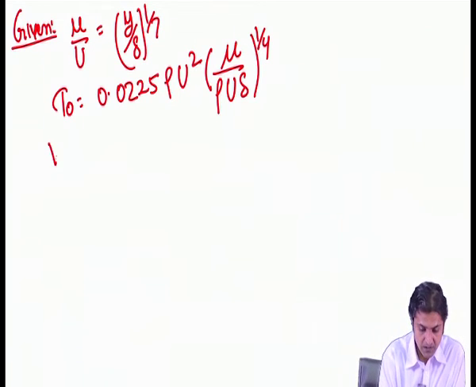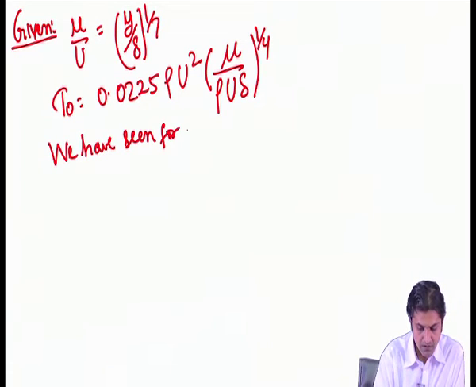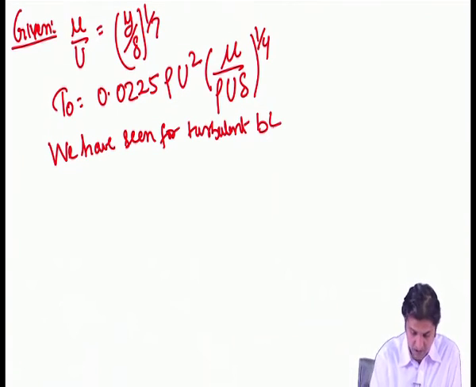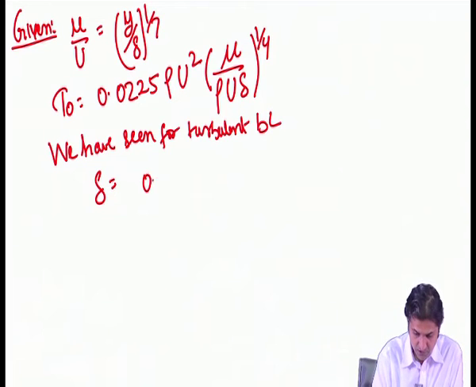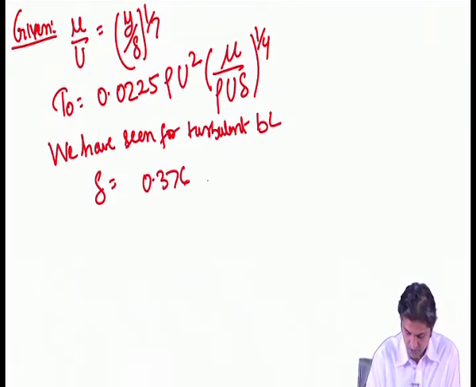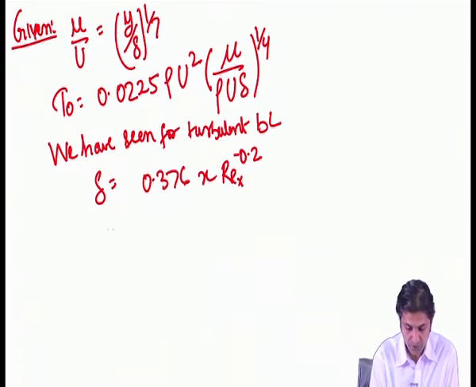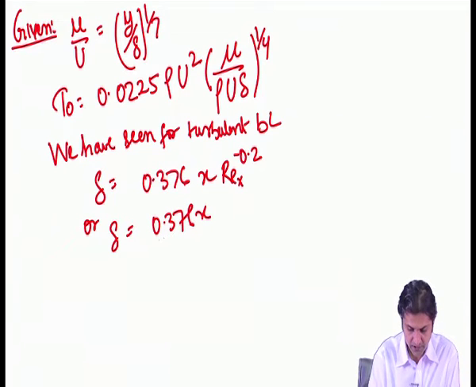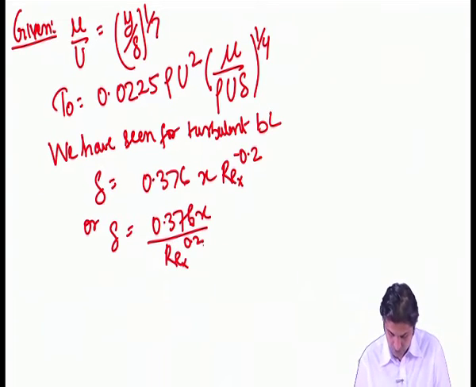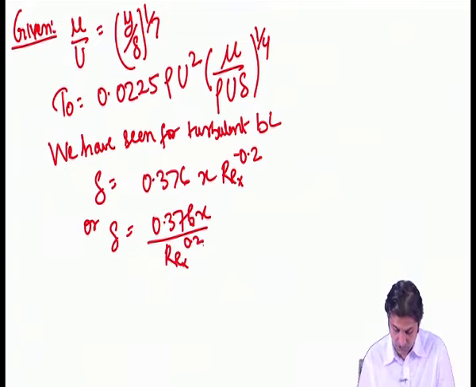So, we have seen for turbulent boundary layer, delta is given as 0.376 x into Re at x to the power minus 0.2, okay, or delta is given as 0.376 x divided by Re x to the power 0.2, right.